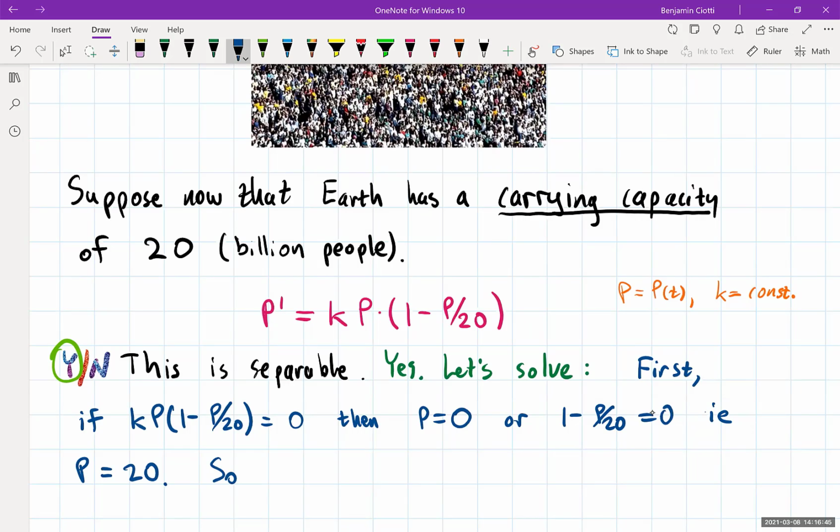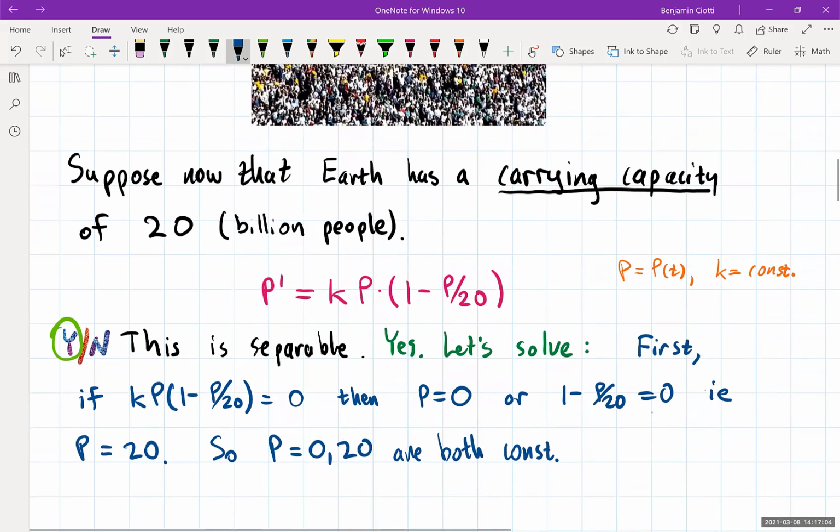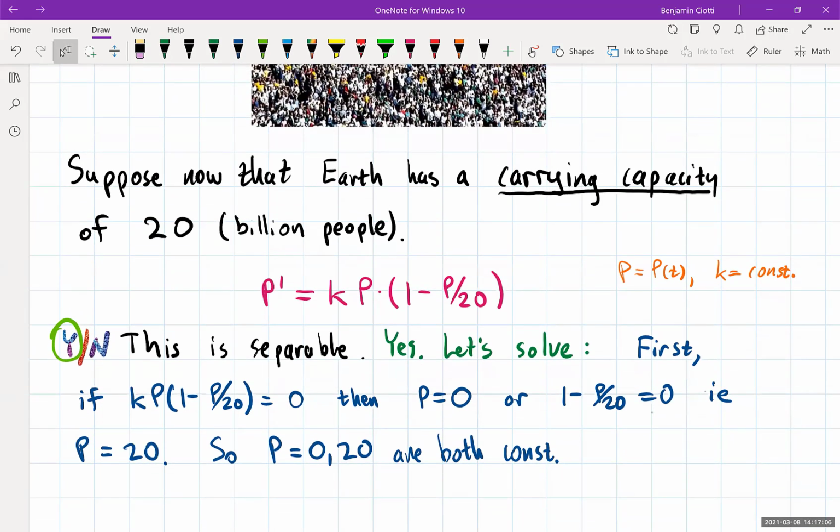So P equal to 0 or 20 are the two constant solutions. We just have to get rid of those at first so that I can then divide them out. This is just a technical detail which we have to take care of first.